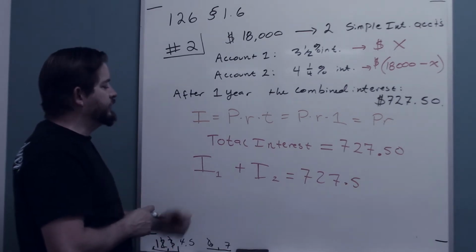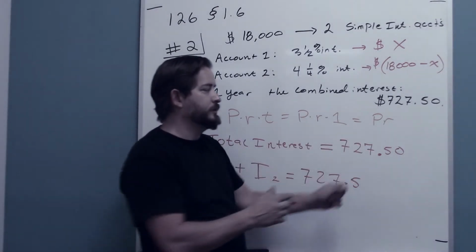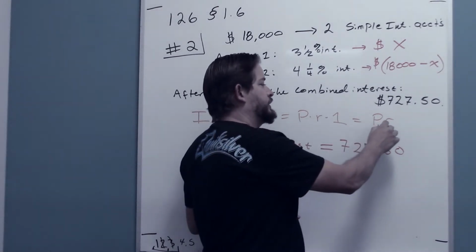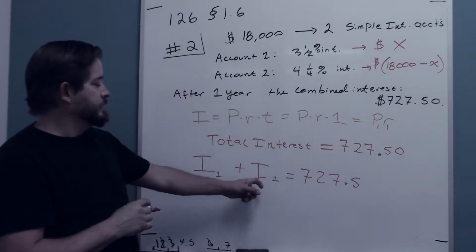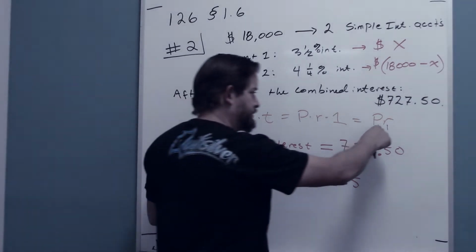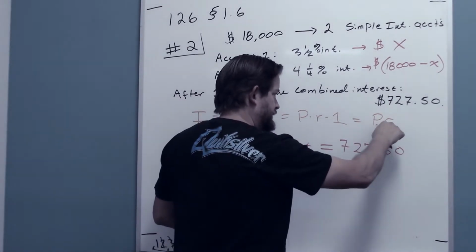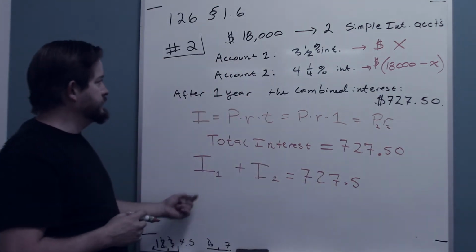And all I have to do is figure out an expression for the interest from account 1, which is the principal of account 1 multiplied by the rate of account 1, right? Whereas the interest from account 2 would be the principal from account 2 times the rate of account 2, right? And that's all it is, those products.